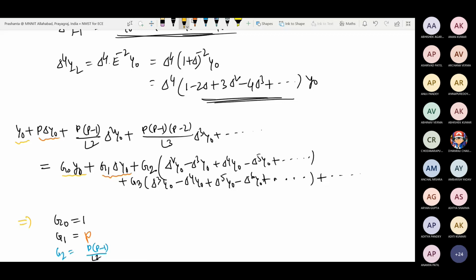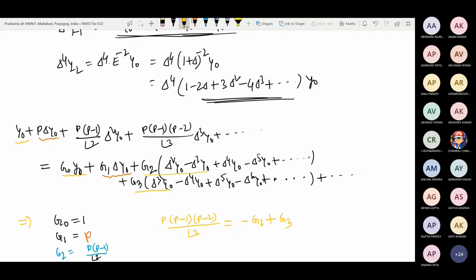Del q y naught does not come from one term, it is coming from two places. One will be coming from here, another will be coming from here. So the coefficient of del q y naught on the left hand side is p into p minus 1 into p minus 2 by factorial 3, and on the right hand side it will be minus g2 plus g3.